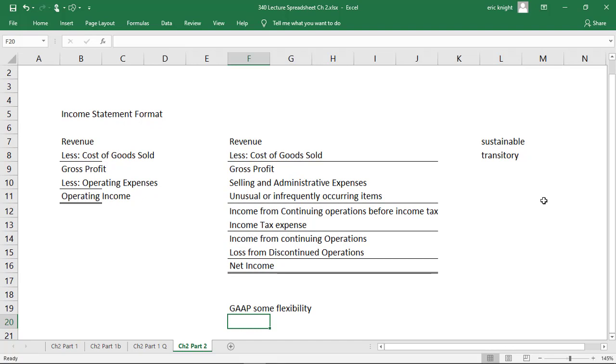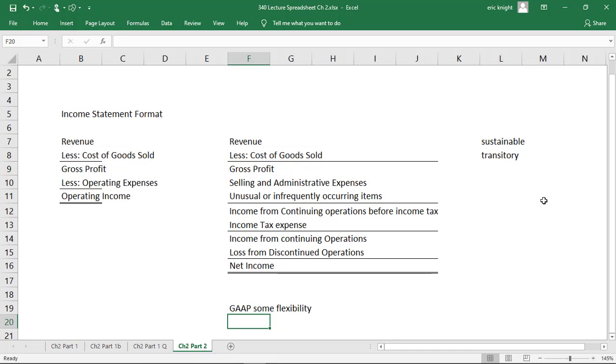The types of businesses are potentially infinite in what people can decide to do, and so you can't have a specific rule for every specific situation. Instead, you have to have more generalized rules that you can apply to any situation, and that's the problem with GAAP, when the managers are able to exploit that flexibility to make the financial statements look like they want them to, as opposed to how they should.